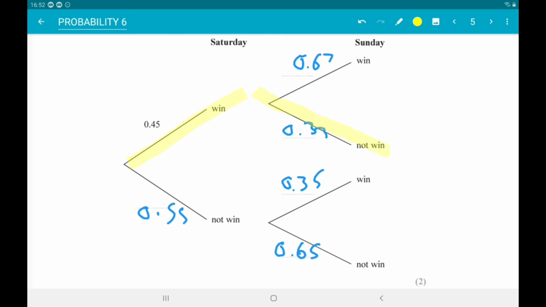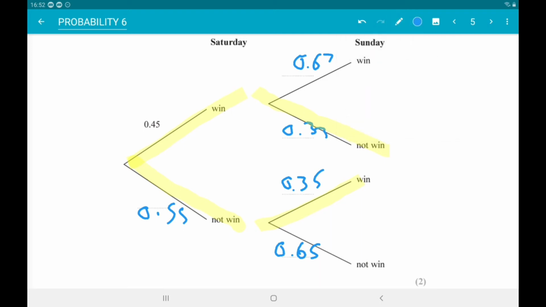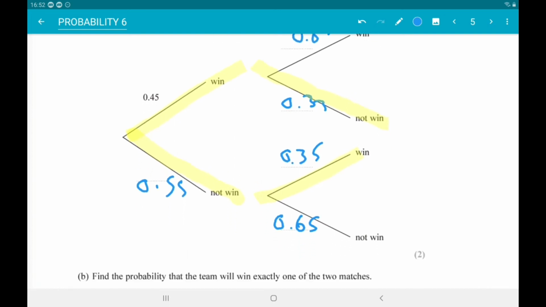And not win and win. So, win and not win is 0.45 times 0.33.